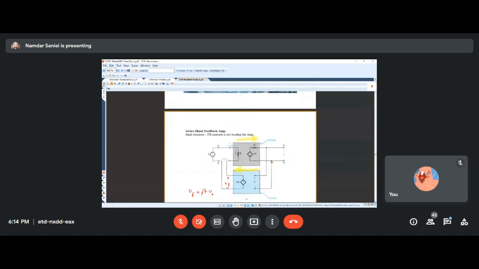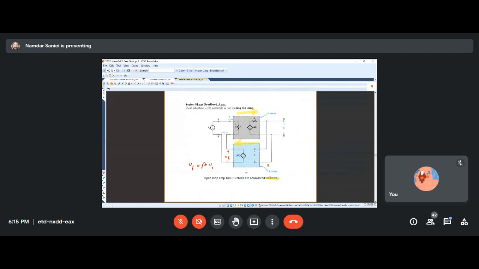Then we started getting into the details of each topology. So series-shunt was the first one that we started talking about. We started with the ideal situation. In the ideal situation, for series-shunt, we have a voltage amplifier, and therefore the model inside this amplifier must show that.